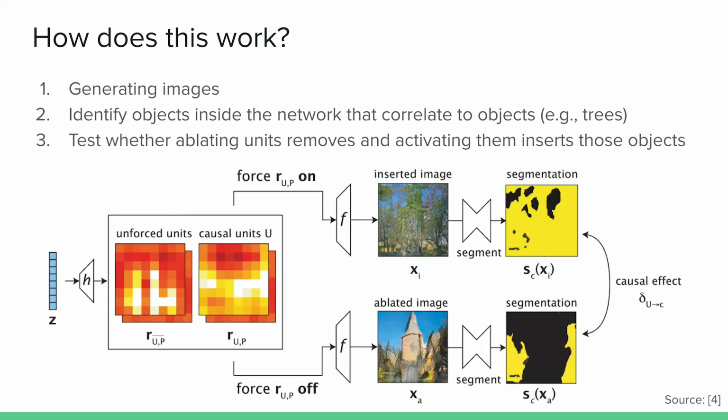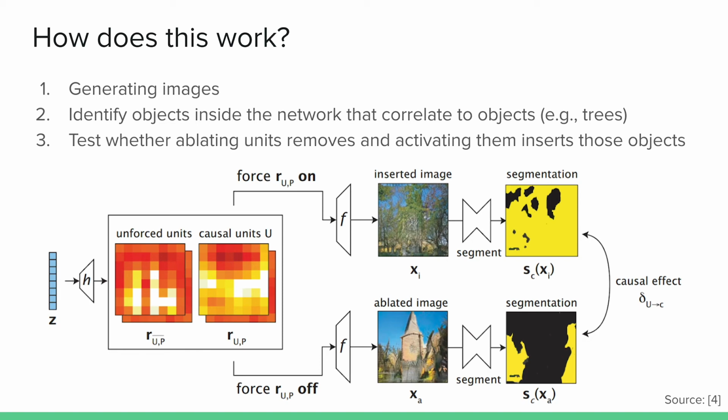Now, if we think this a little bit further, and we've identified those units, we can force them up or down. We can say, okay, you are the cloud neuron. If we enforce that neuron and activate it, we can say we want more clouds in that particular region of our image, or we can decrease the activation of those neurons and then ablate them.